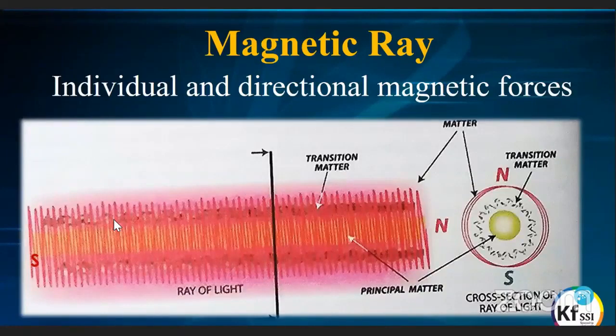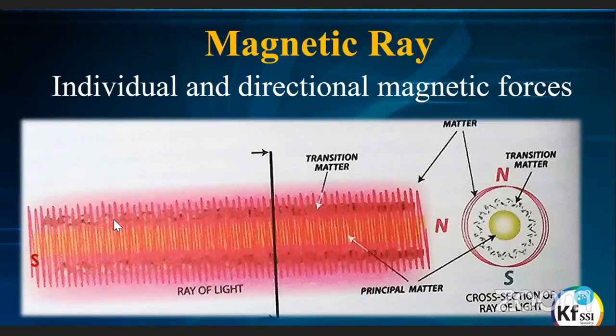What they are, essentially, are the individual and directional magnetic forces. If we have a look at what this ray is, in the center we call it the principal matter or the very principal field. Around that is the transition, and then you get the matter on the outside. So it's composed of three different field strengths, in an elongated form.